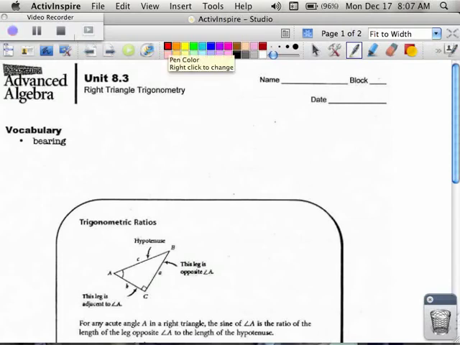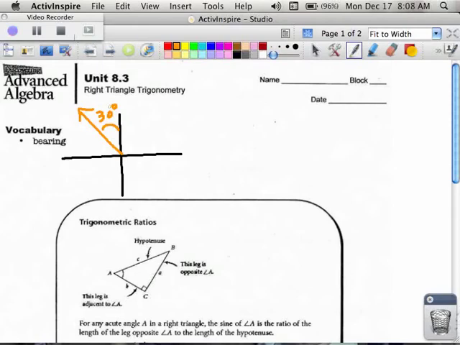The first thing is about bearing. This is usually when you're navigating with a ship or something to that effect. And so if you were looking at a compass, and let's say maybe you were headed in the following direction, and you knew that this angle right here was 30 degrees, what you might say is 30 degrees west of north.